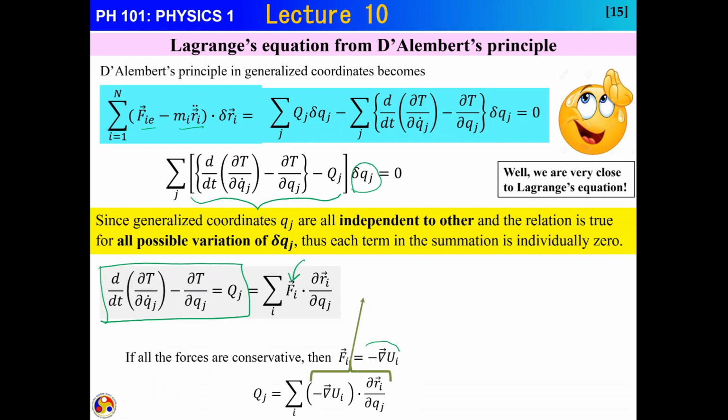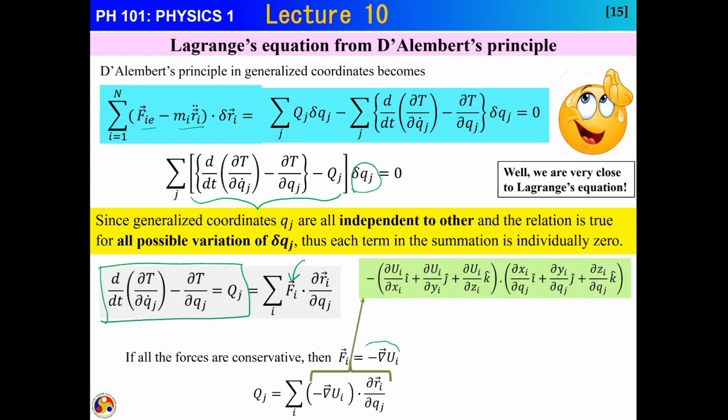So let's see how to simplify it. What we are going to get is minus dou U by dou x, dou U by dou y, dou U by dou z, and this is dou ri by dou qj, meaning dou x by dou q, dou y by dou q, and so on. So you can take a dot product, with i dot i is 1, i dot j is 0, so therefore j dot j comes here and k dot k comes here. So now you can take out these terms and simplify it.